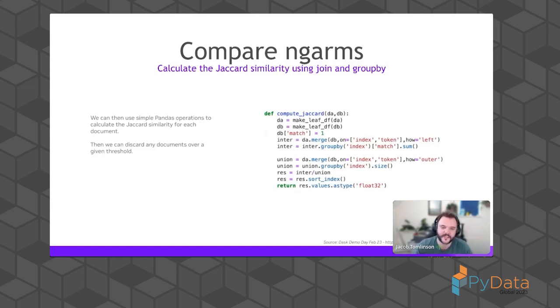And this will give us a number between 0 and 1 to show us how similar each document comparison is, right? And then we can make a decision about what our threshold is for discarding duplicates. What do we consider a duplicate, and where do we make the cut to throw things away?